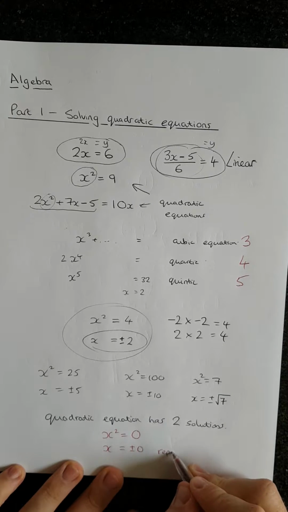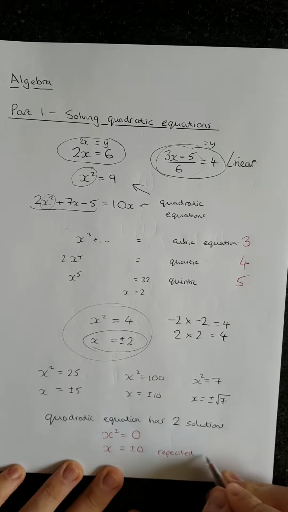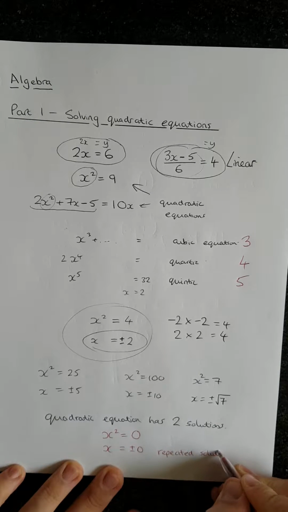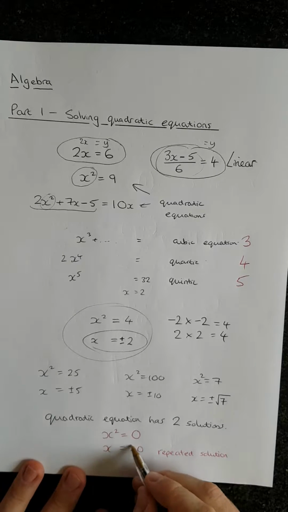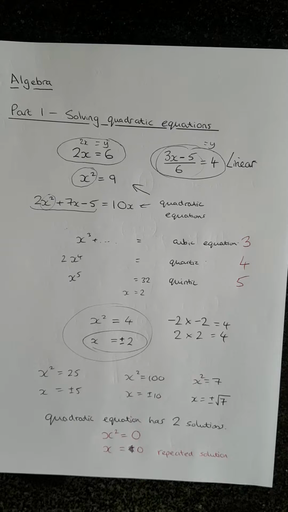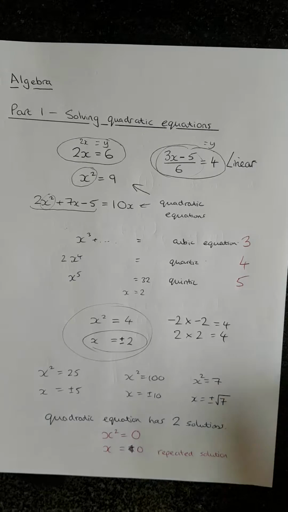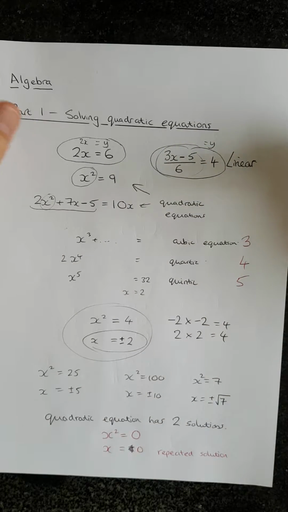It is a repeated solution. So it can have the same solution twice of 0. You don't need the plus or minus, but it does have two solutions. It's just repeated. Okay, that's the principle of a quadratic equation.